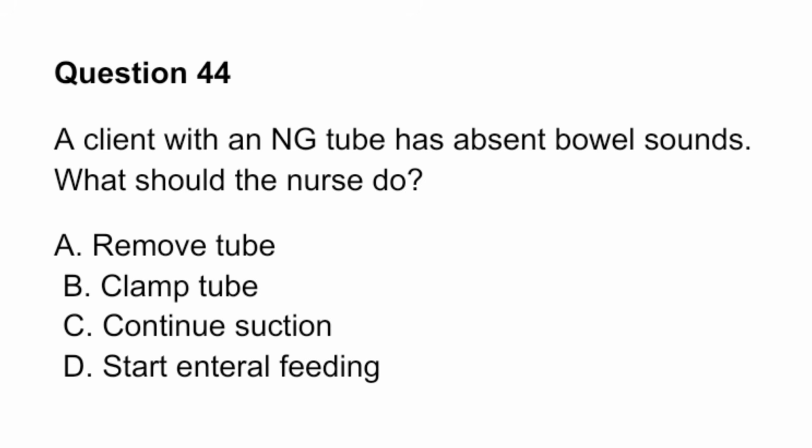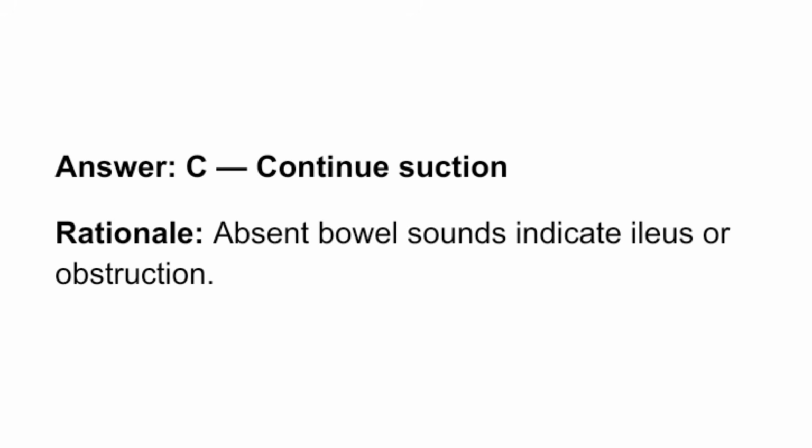A client with an NG tube has absent bowel sounds. What should the nurse do? A. Remove tube. B. Clamp tube. C. Continue suction. D. Start enteral feeding. Answer C. Continue suction. Rationale: absent bowel sounds indicate ileus or obstruction.